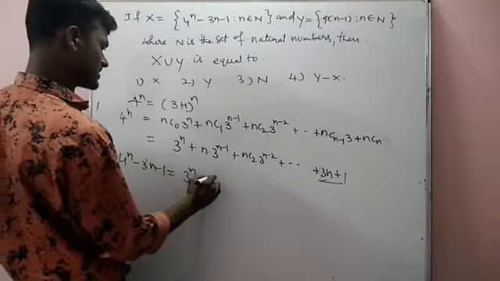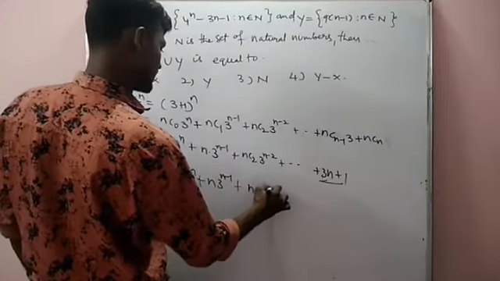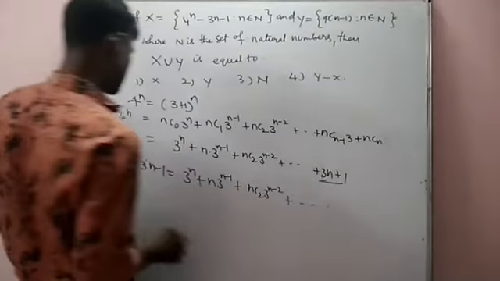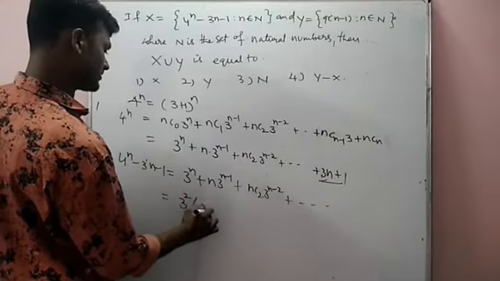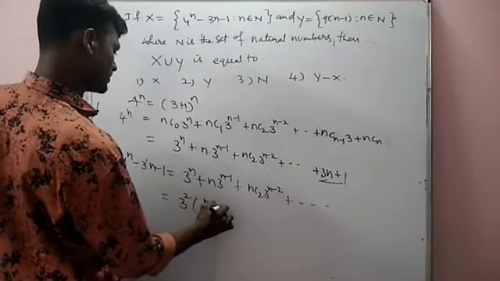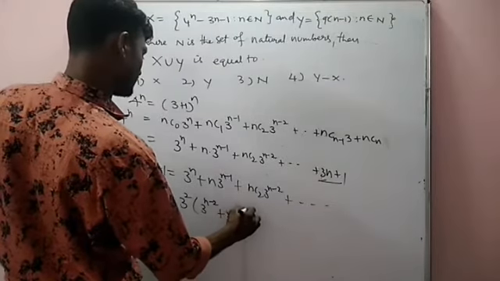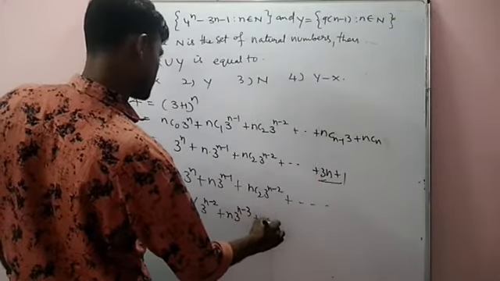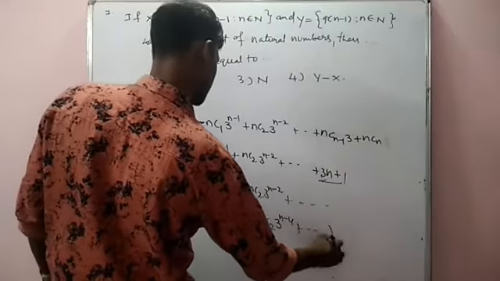Now 3^n plus n times 3^(n minus 1) plus nC2 3^(n minus 2), and so on. Now here I take 3 squared common, and the remaining terms are 3^(n minus 2) plus n times 3^(n minus 3) plus nC2 3^(n minus 4), and so on.